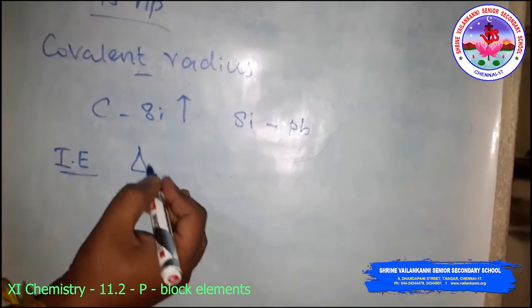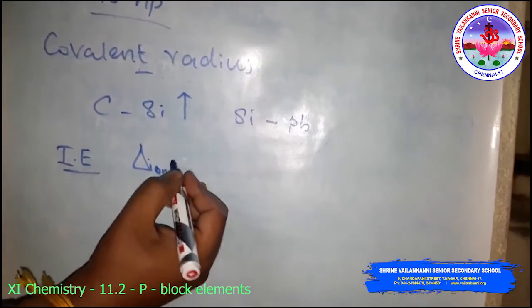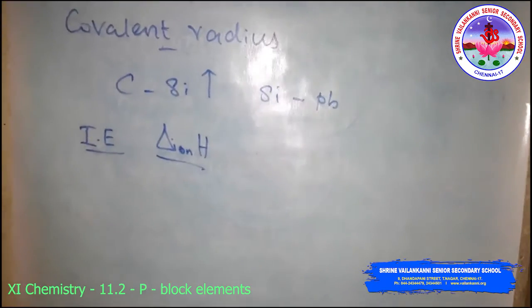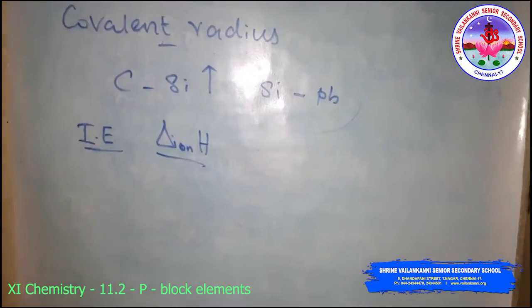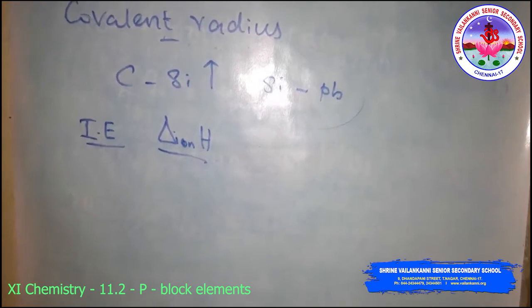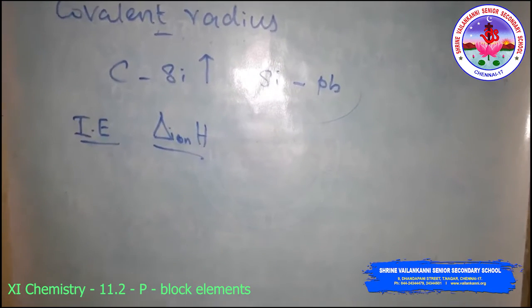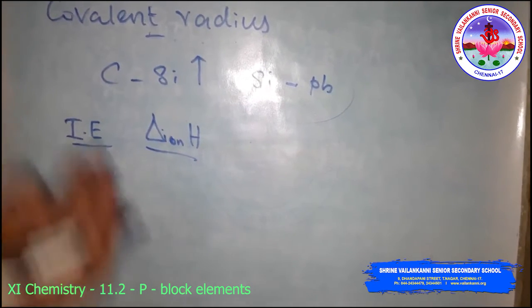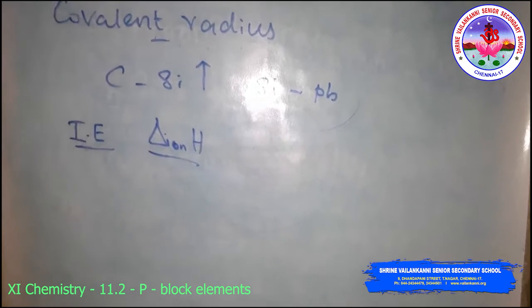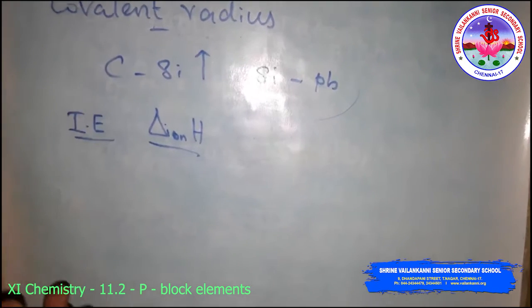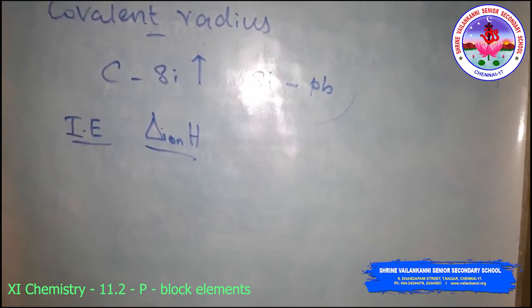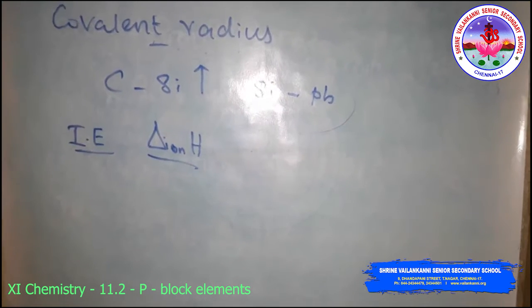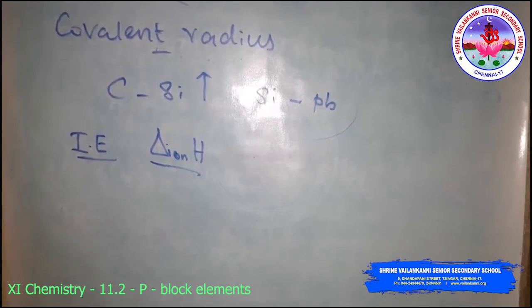Ionization enthalpy, that is delta H ion. For group 14 elements, the first ionization enthalpy is higher than that of group 13 elements. That is the group we studied before. The influence of the inner core electrons is visible here also.